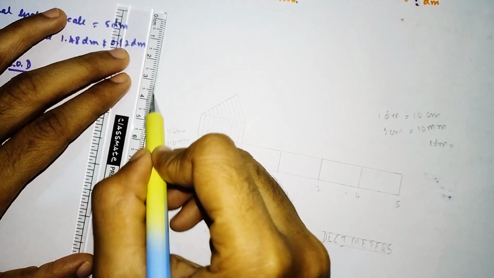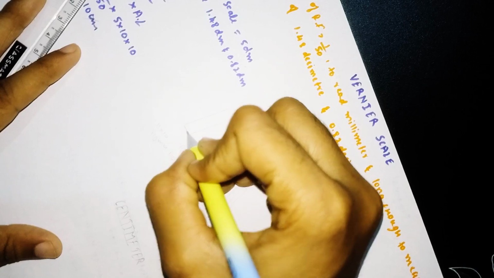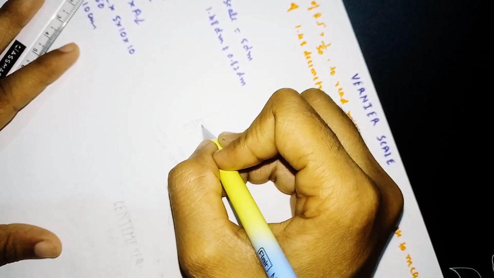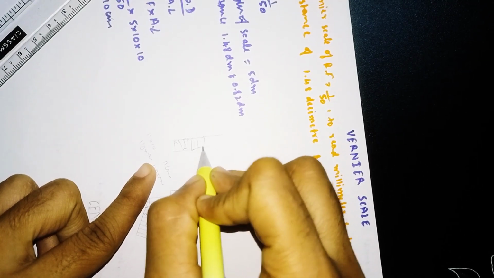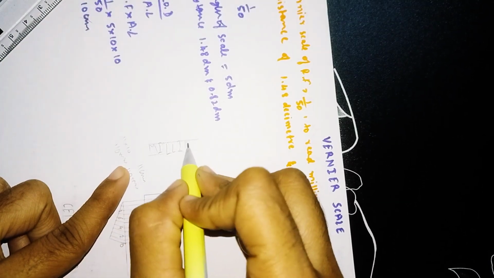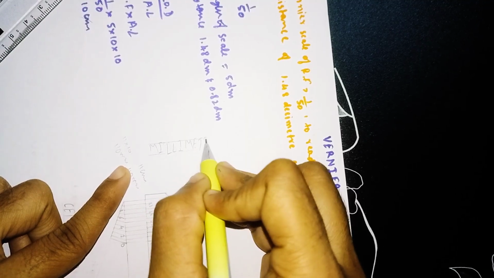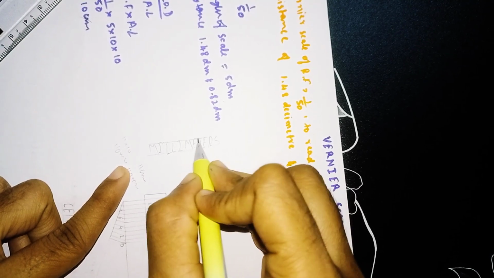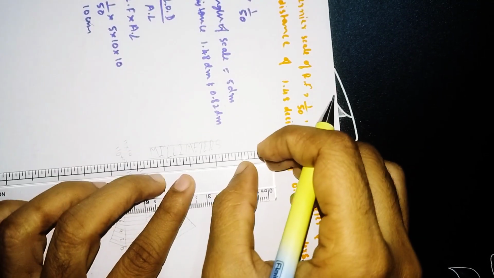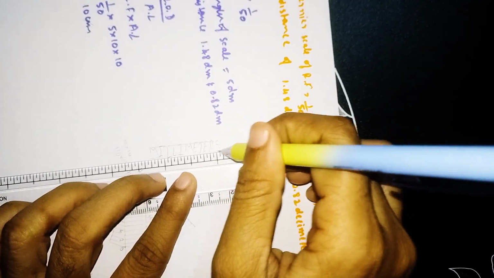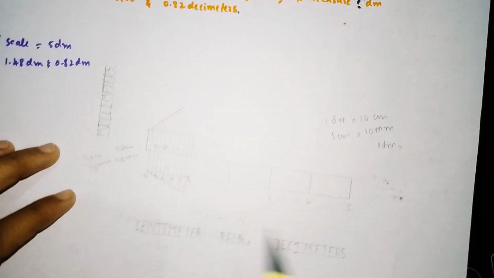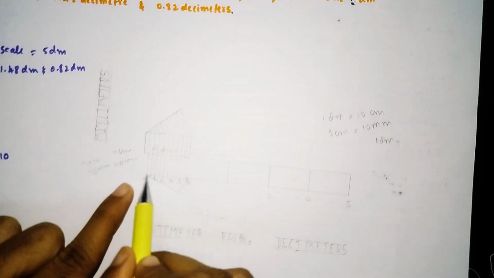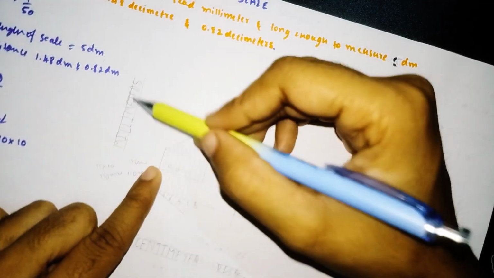I will write it here, millimeter. This shows the value of millimeter. And this scale shows, from here to here decimeter, and here to here centimeter, and from this millimeter.